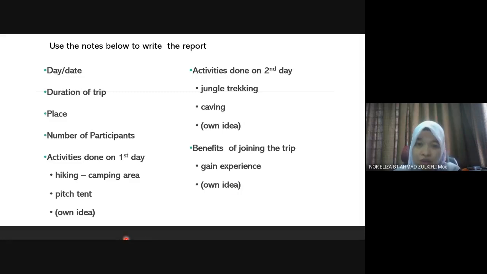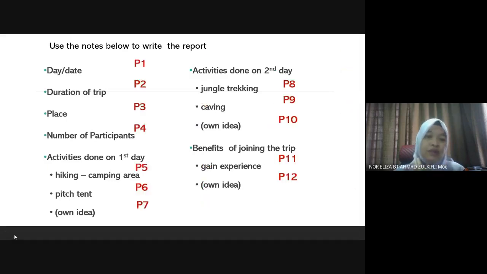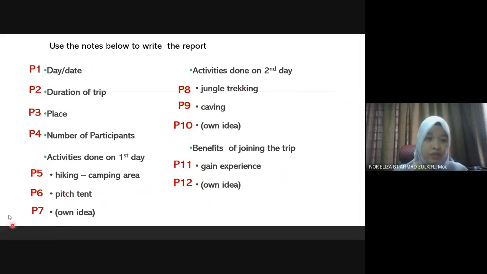Take note, look at it carefully before you say there are 14 or 15 points here. You might just add on this one and this one. These are just subtopics, the main ideas of the points that you are supposed to have. I've already labeled them, so you see point number 1, 2, 3, 4. You have 12 points here.